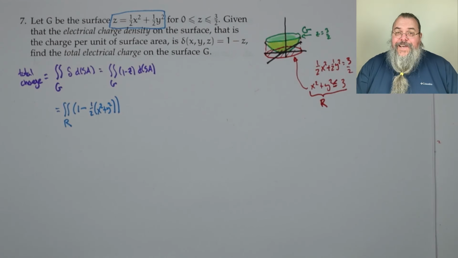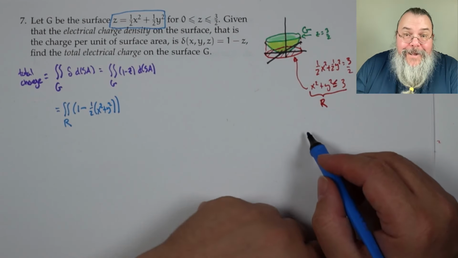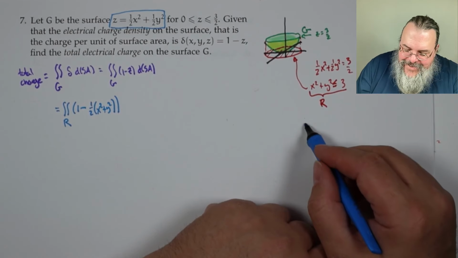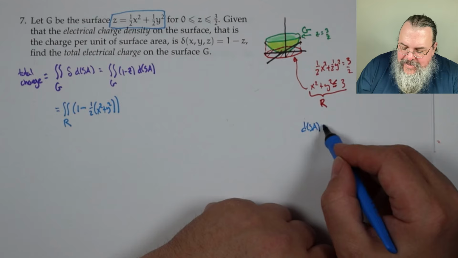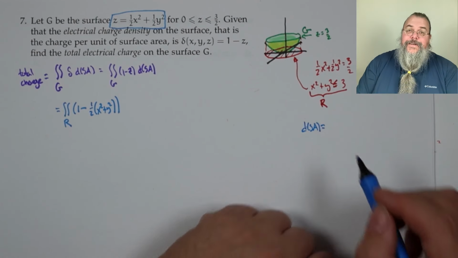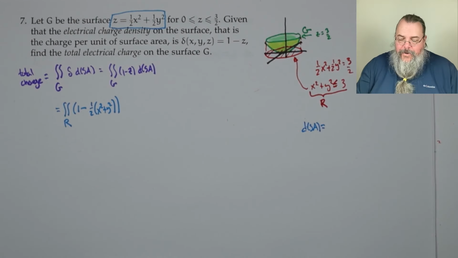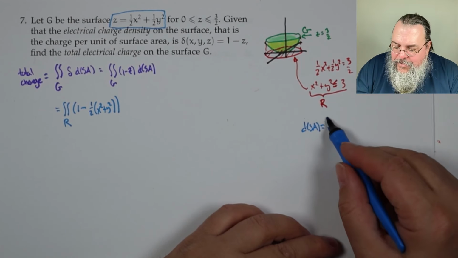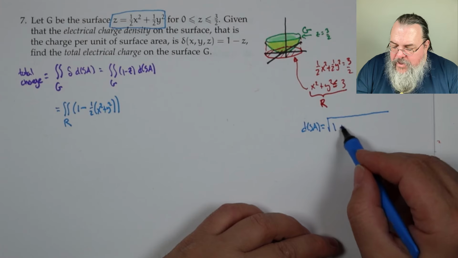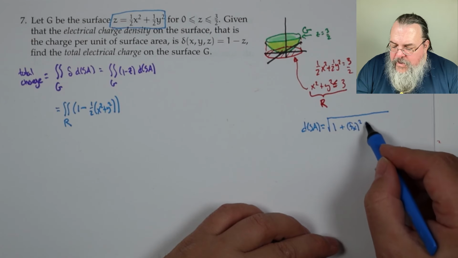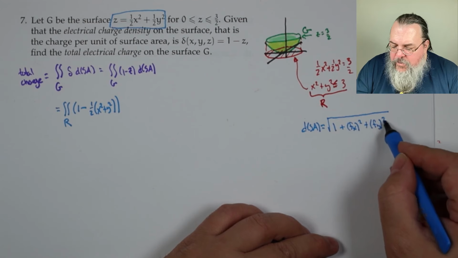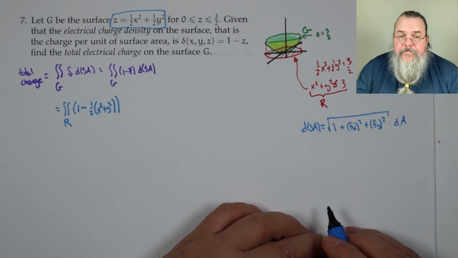Now, what is dS? Well, I'm glad you asked. If we have z equals f of xy, dS looks like the square root of 1 plus f_x squared plus f_y squared dA.